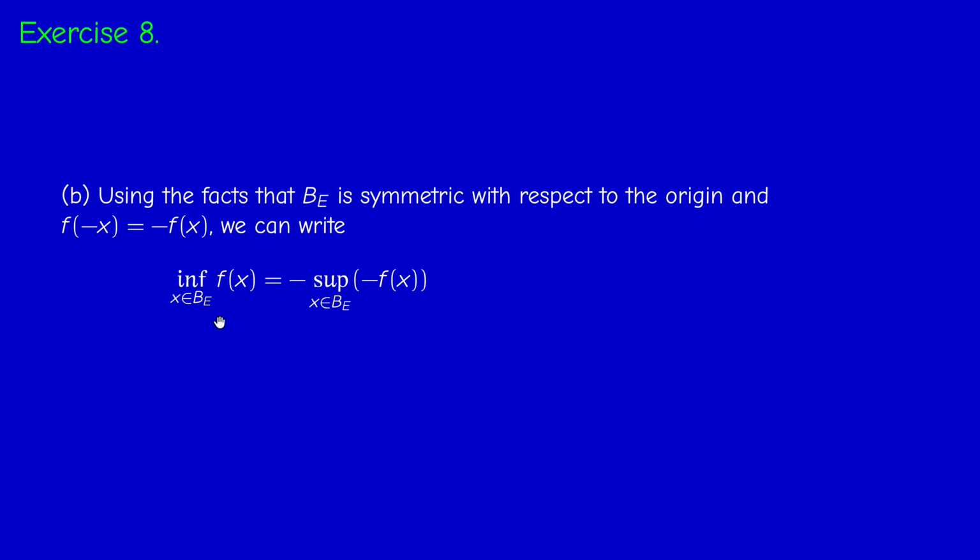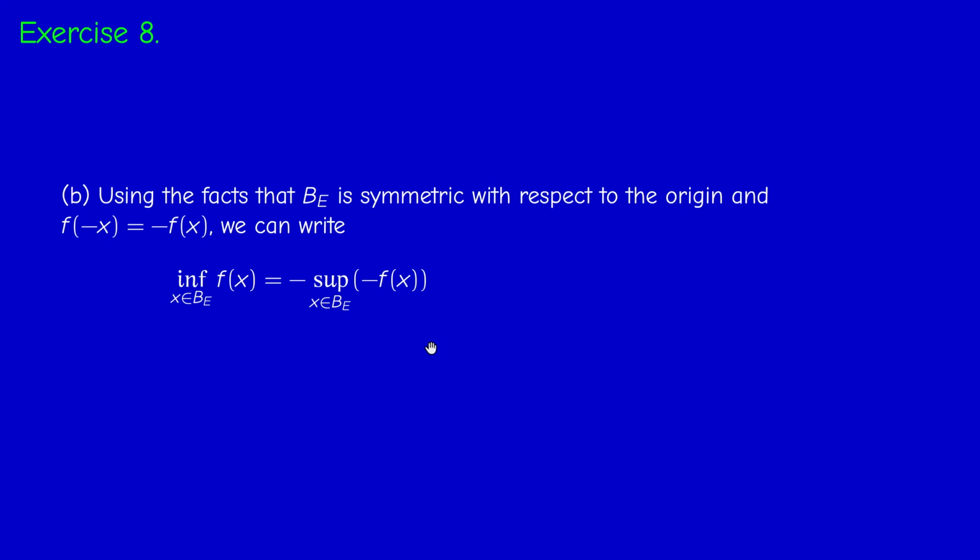Now we know that the inf of a subset of the real line is minus the sup of minus A, and this is easy to check. So the inf is minus the sup of minus the quantity. This is the first remark.